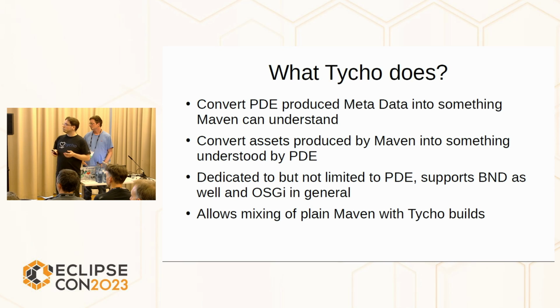And for the history, that was the main point of Tycho, but now we have also extended this beyond the limit of PDE. It also supports BND and OSGi in general. So it allows you also to mix plain Maven artifacts with Tycho builds, and so you can choose what is the best thing to build your item and integrate it with Maven and PDE later on.